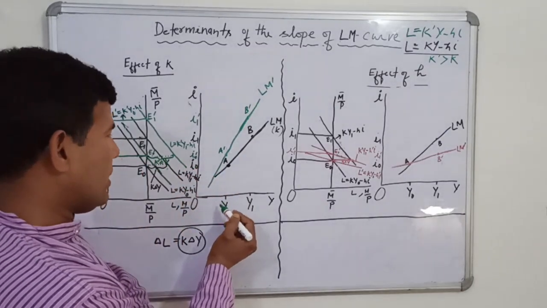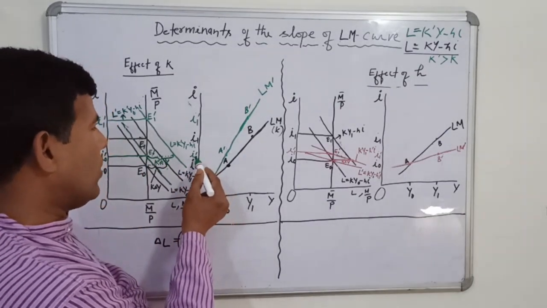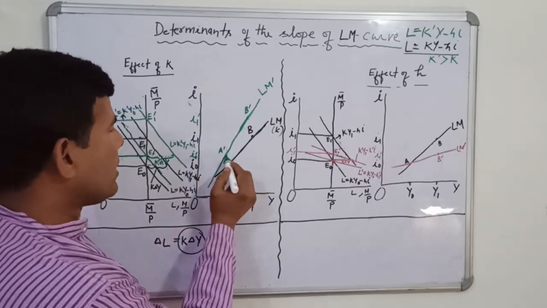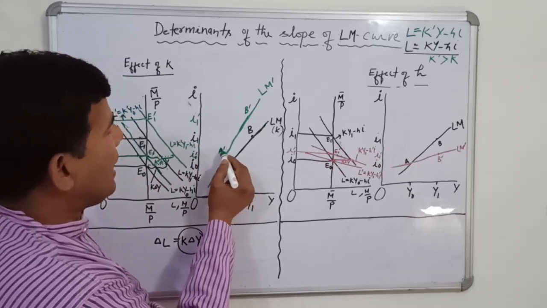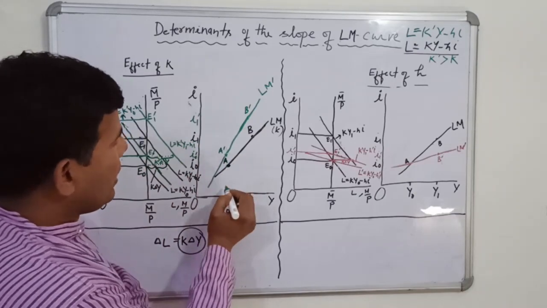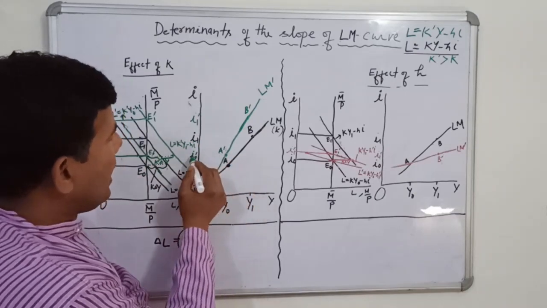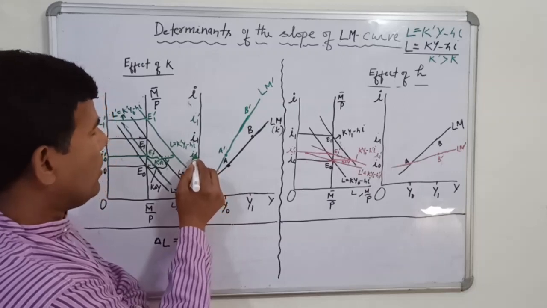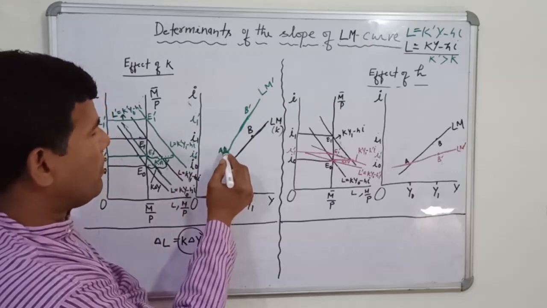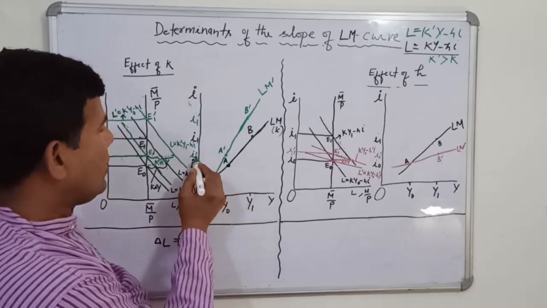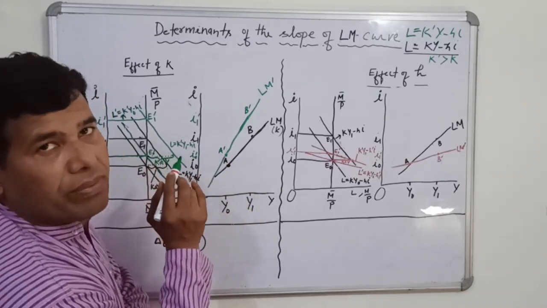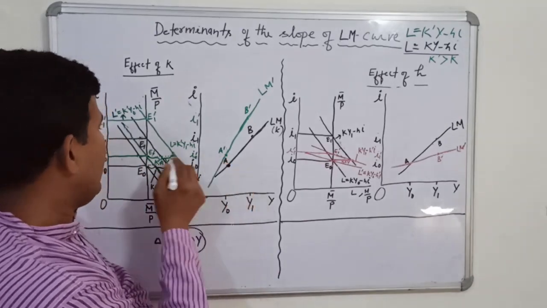Income is the same but the interest rate is higher, I0 prime, and that combination is shown at point A prime, as I am calling it, different from A. It is located over Y0 and to the right side of I0 prime. So A prime stands for the Y0 and I0 prime combination of income and interest rate at which the money market is in equilibrium.